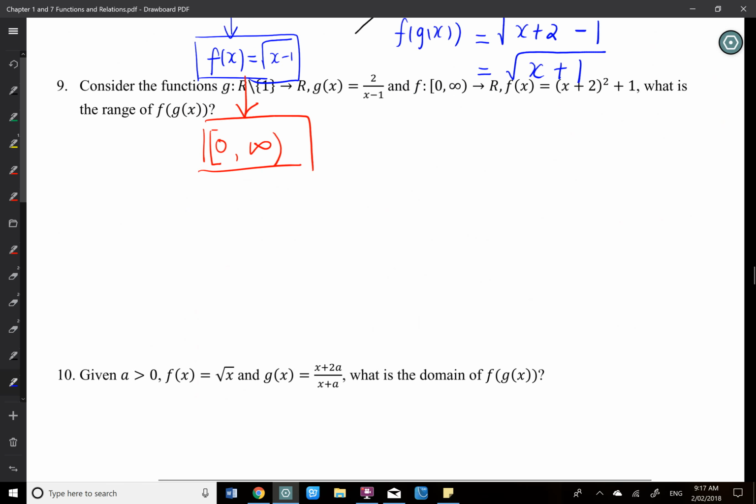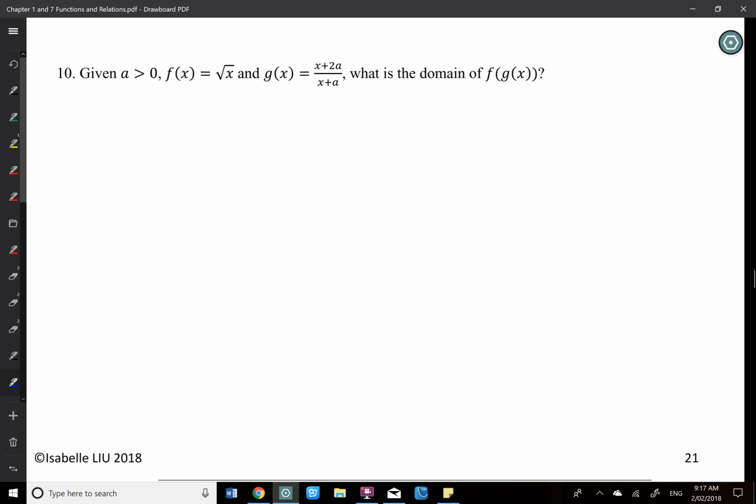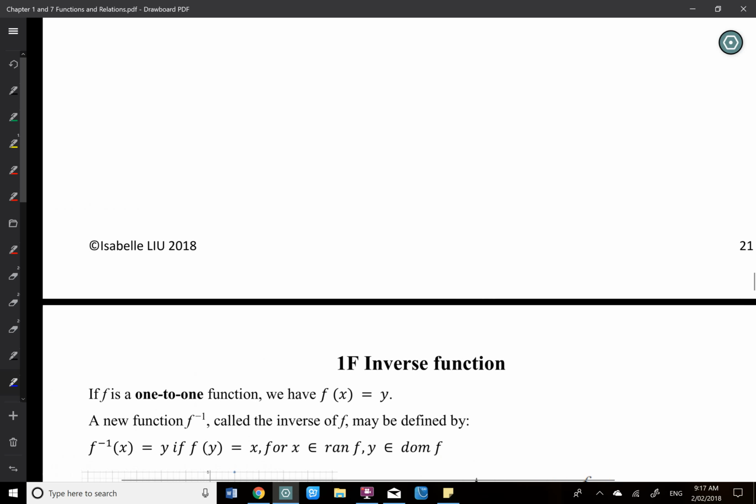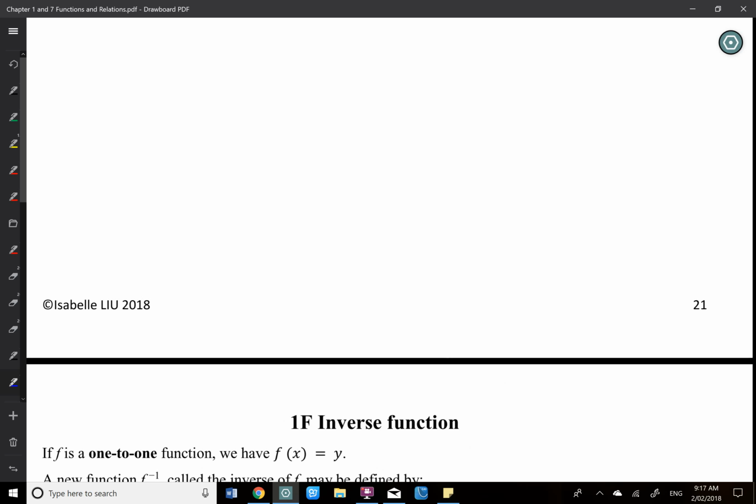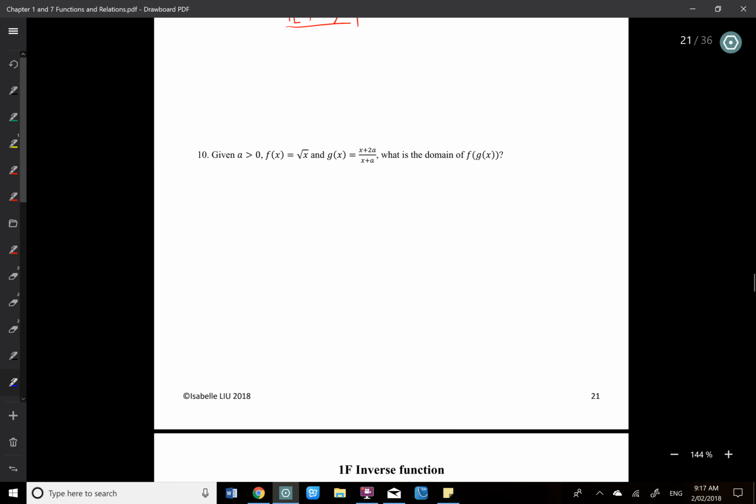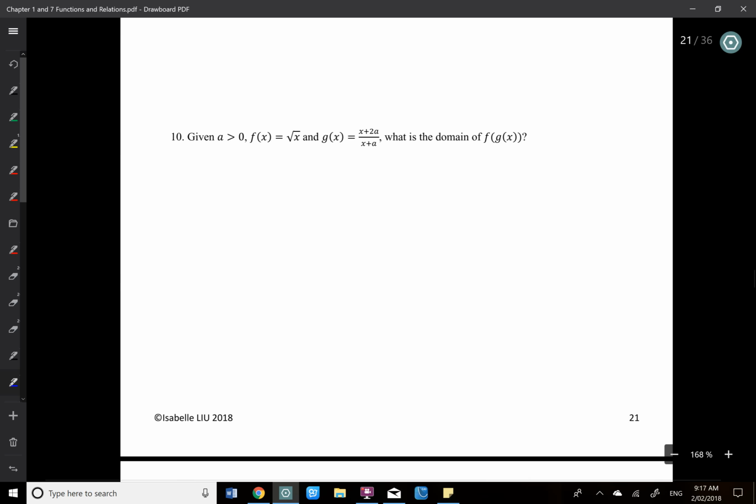For homework, I want you to finish everything before page 21. It's about 10 exercise questions on composite functions. They will be harder than the book exercise. I found them from mock papers or other books.